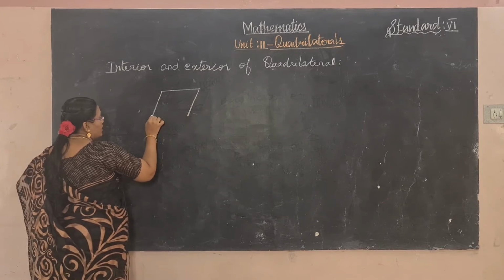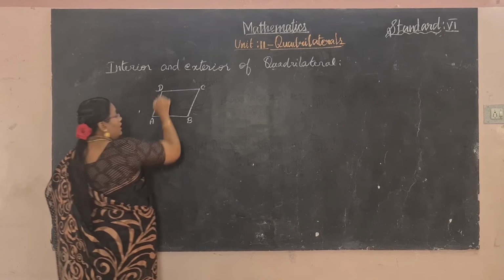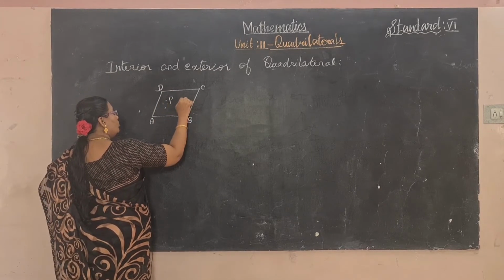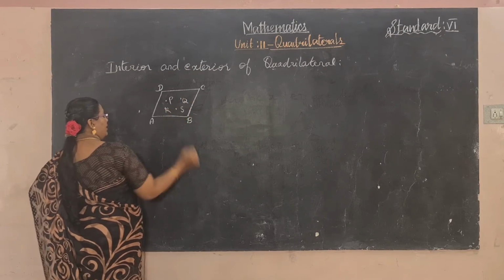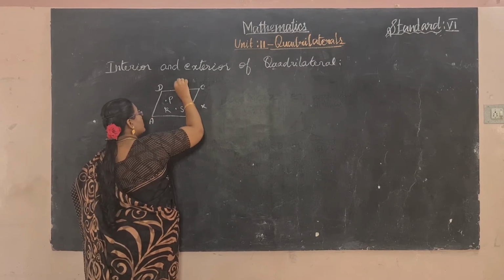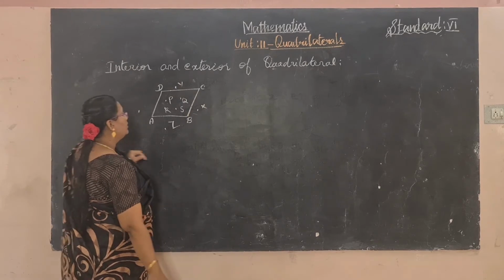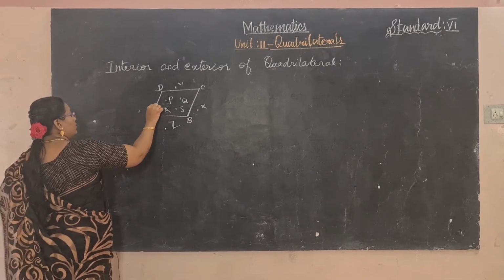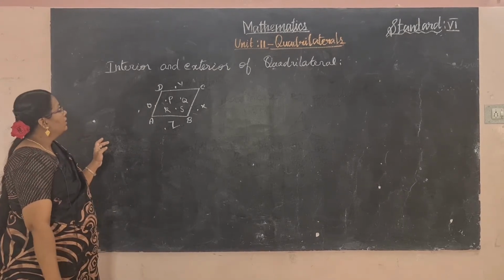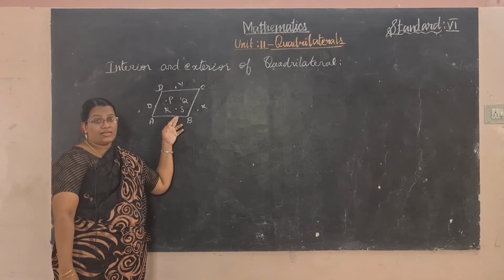So we consider one quadrilateral, denoted by A, B, C, D. Then a few points P, Q, R, S are inside, and X, Y, Z are outside. Which are the points lying inside of the quadrilateral?